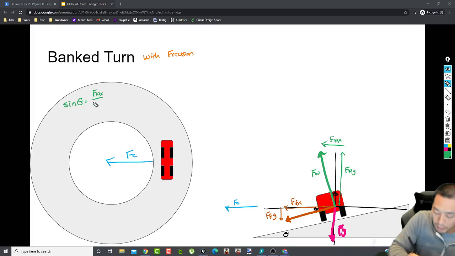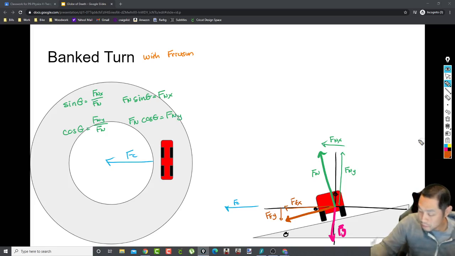So opposite over hypotenuse. Now I'm going to do the same thing with cosine. Adjacent. Do the same thing with friction.